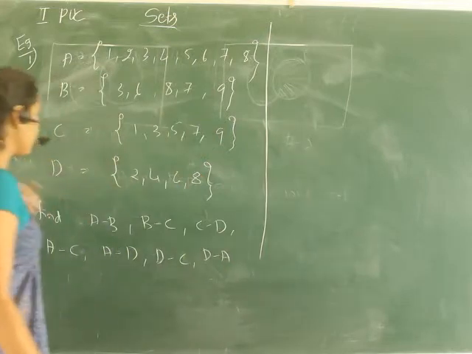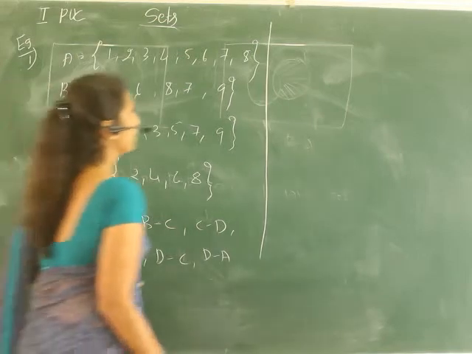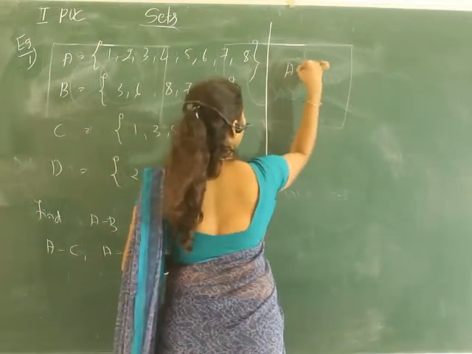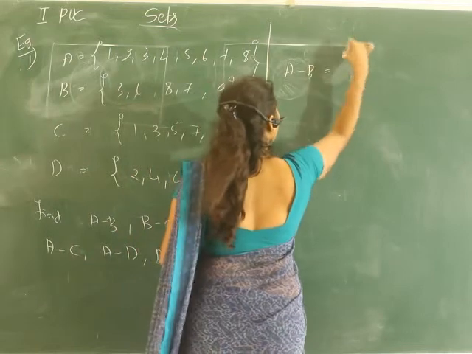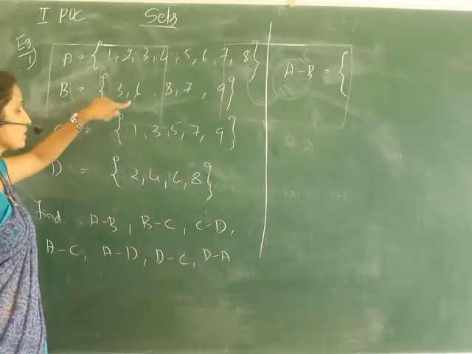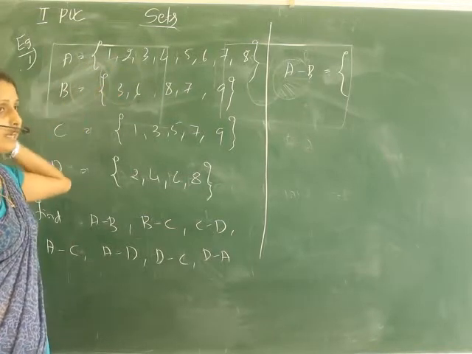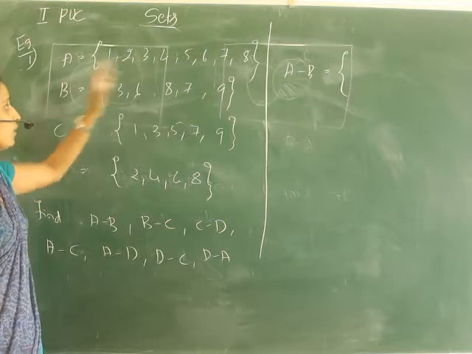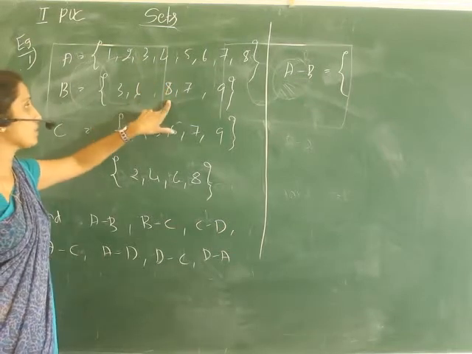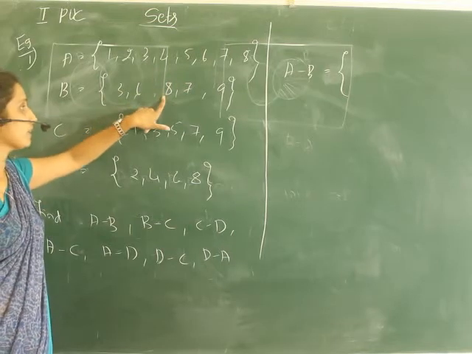So we can calculate A minus B. A minus B means elements only in A, not in B. If I take 1, it is not in B, 2 is not in B, 3 is present so I cannot include 3, 4 is not here, 5 is not here, 6 is there in B also, 7 is there in B, 8 is there in B also.